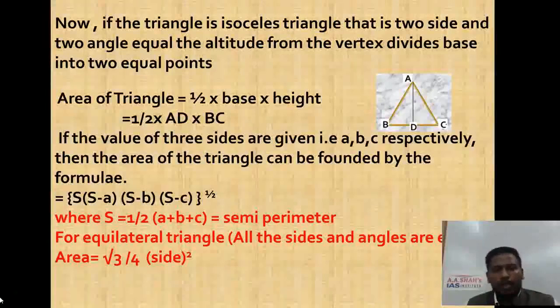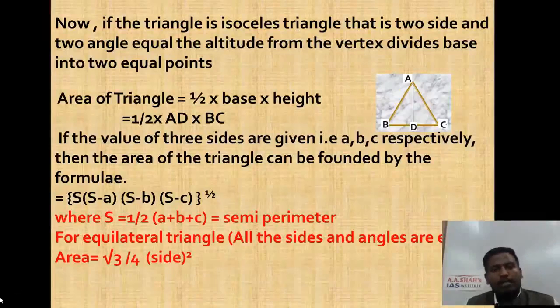Now, for the altitude which divides this triangle into two parts, there is a perpendicular drawn from A towards the base BC, which divides the base into two equal parts, that is BD and DC.